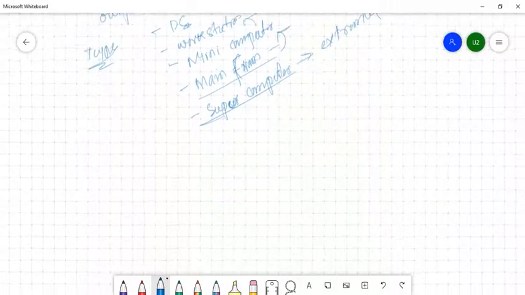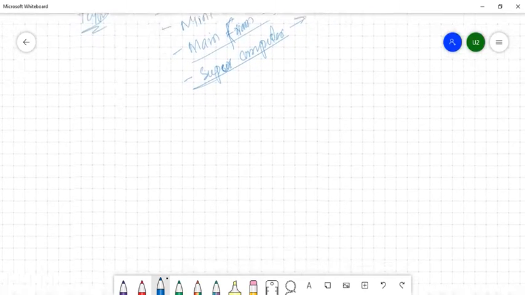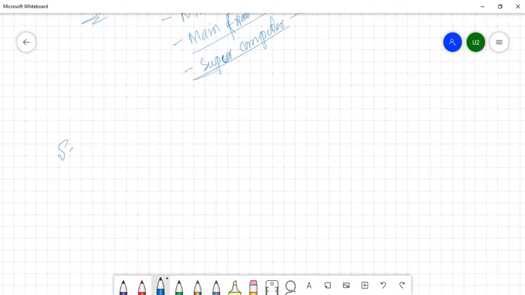Now we are going to begin another topic, and that is the satellite.